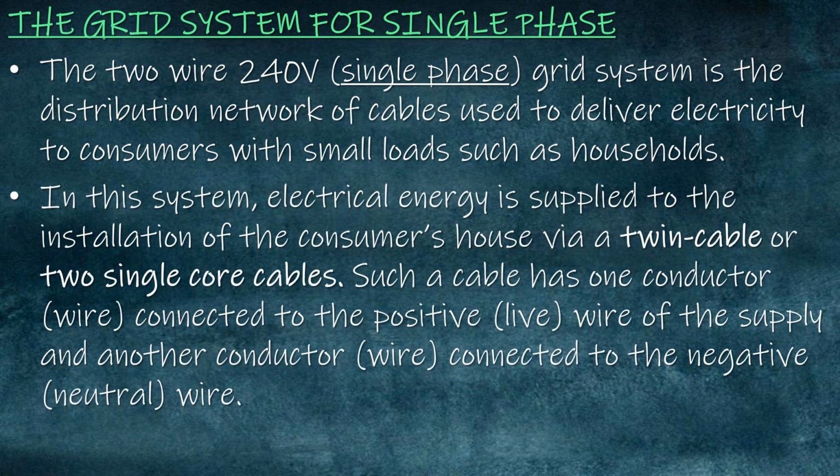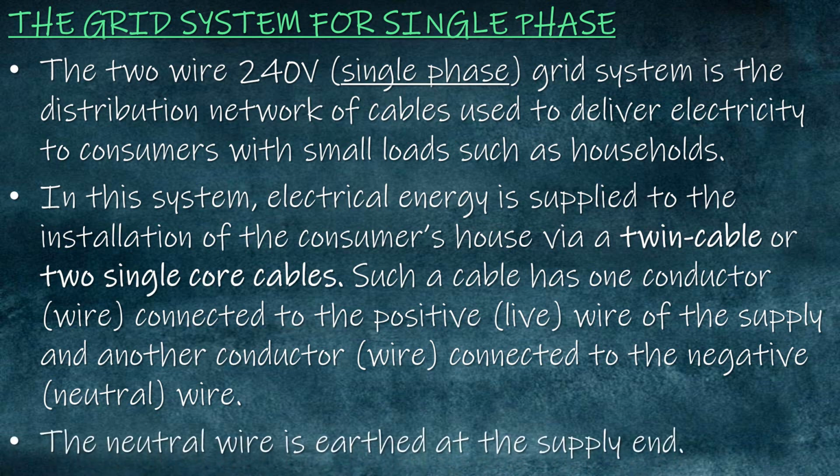In this system, electrical energy is supplied to the installation of the consumer's house via a twin cable, or what we call a 2 single core cable. Such a cable has one conductor connected to the positive, which is the live wire of the supply, and another conductor connected to the negative or the neutral wire.